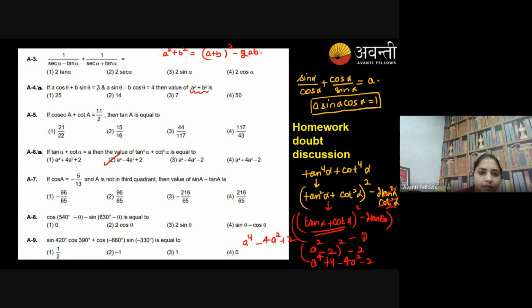One hint is coming to my mind: if I square this and add both values, it will become a square cos square theta plus b square sine square theta plus 2ab cos theta sine theta. In the same way, its square is added, then a square sine square theta plus b square cos square theta minus 2ab sine theta cos theta. That must be equal to 9 plus 16. Clear?